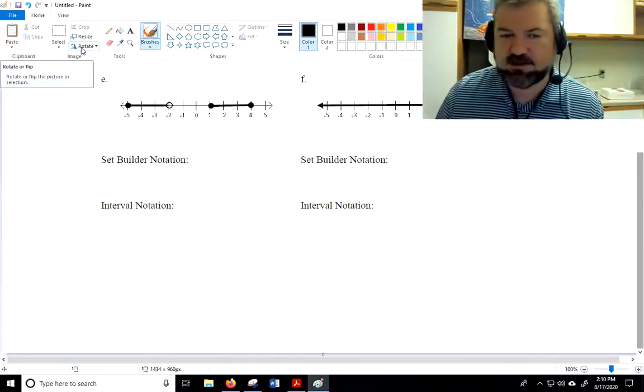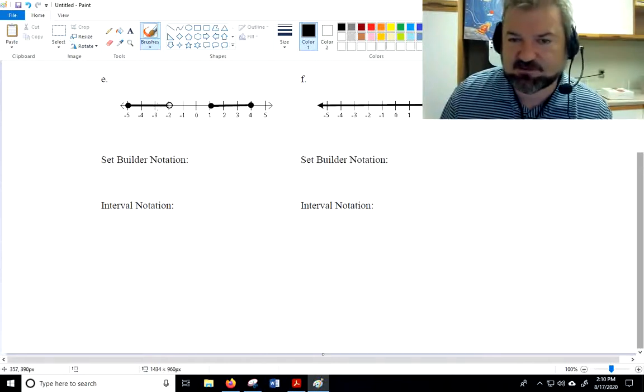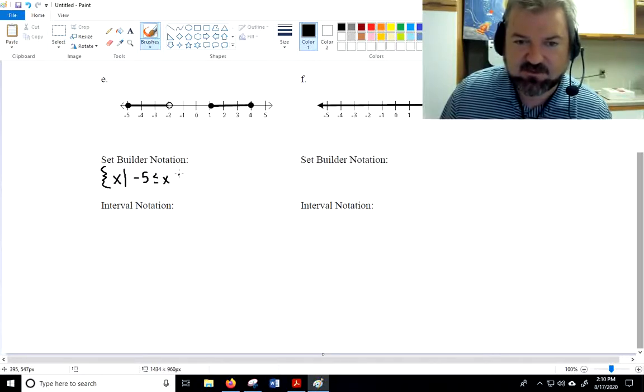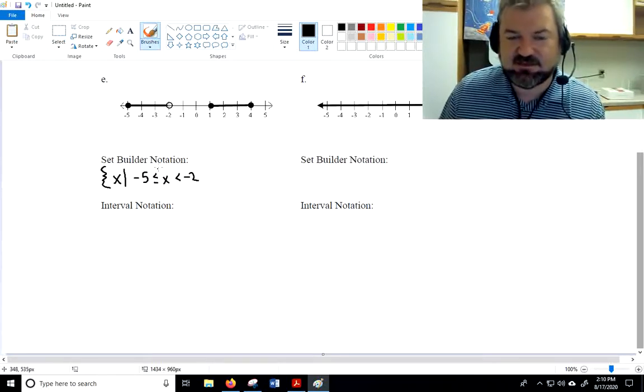All right, we got some kind of a little bit more interesting looking set here on this one, don't we? We got two parts. So let's see how that works. I've got the set of all x's such that -5 is less than or equal to x, and x is less than -2. So this is actually this AND operator. Let me take just a second there and tell you about it.